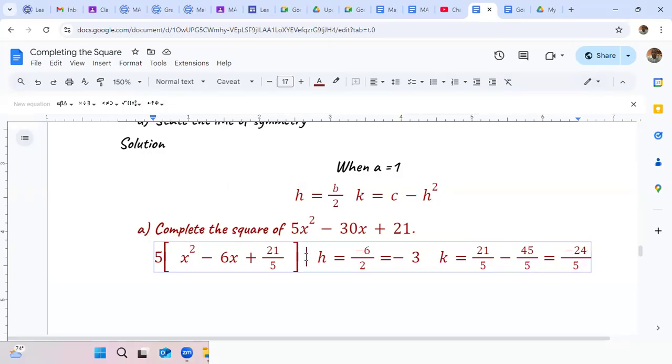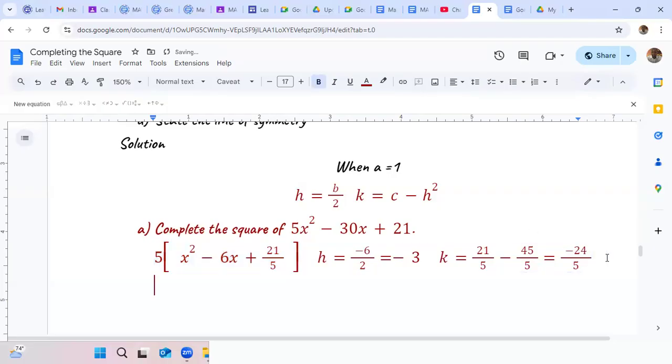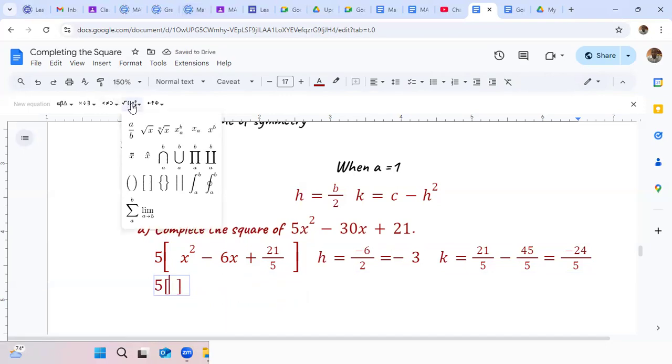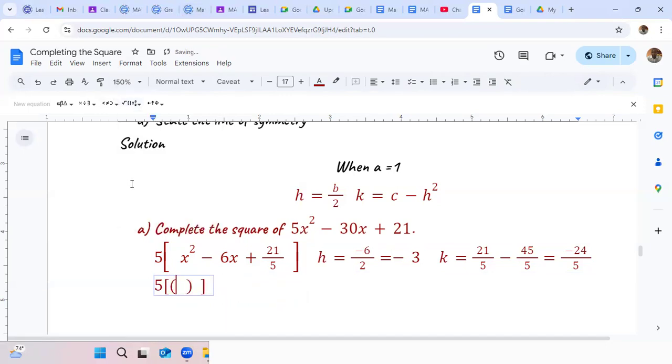So now in the next step, with the 5 outside, inside of the square brackets, we can open and close our curved bracket. x subtract 3, because 3 is h, the square coming outside of the bracket, and k now is negative 24 over 5.